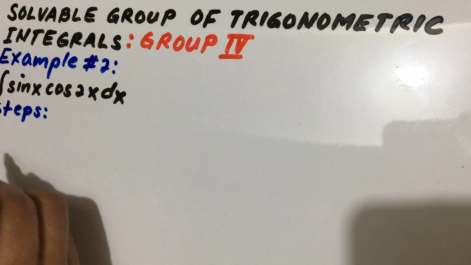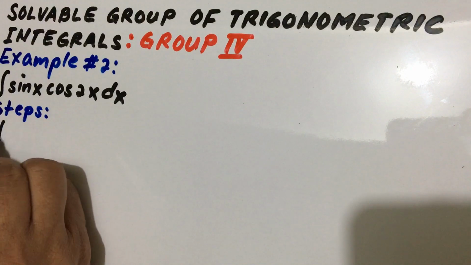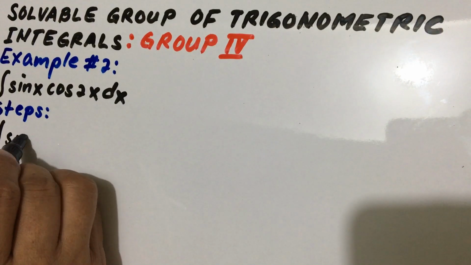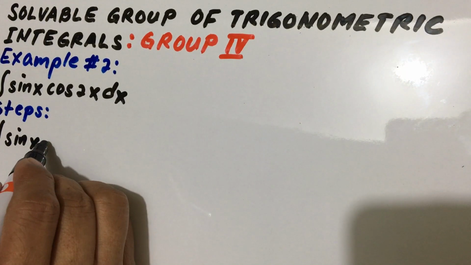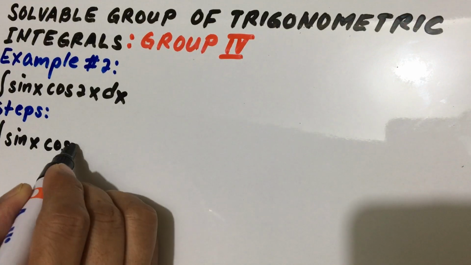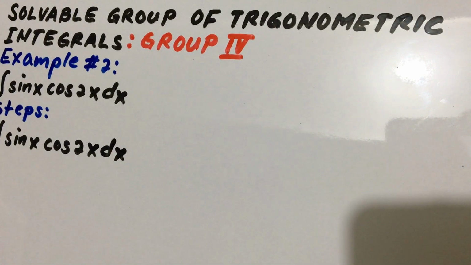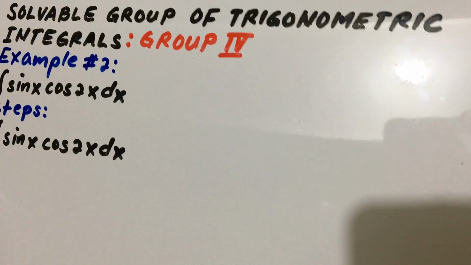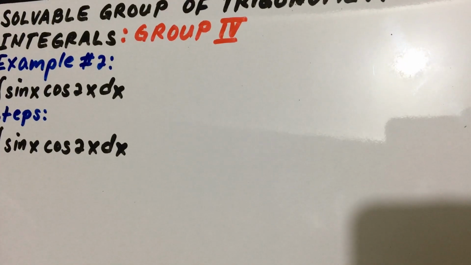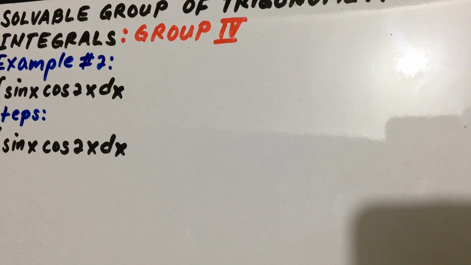First, we need to rewrite the given. The given is the integral of sine x times cosine 2x dx. Then after that, we're going to use the trigonometric identities.